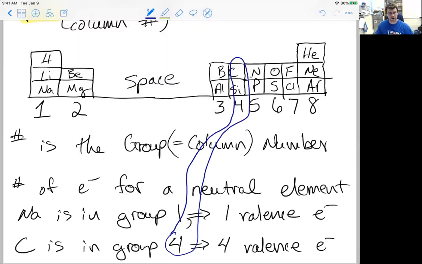Now, there are some things that we should discuss, some periodic trends that we should make note of. This will help us get a sense for how chemical properties start to emerge from the number of valence electrons.